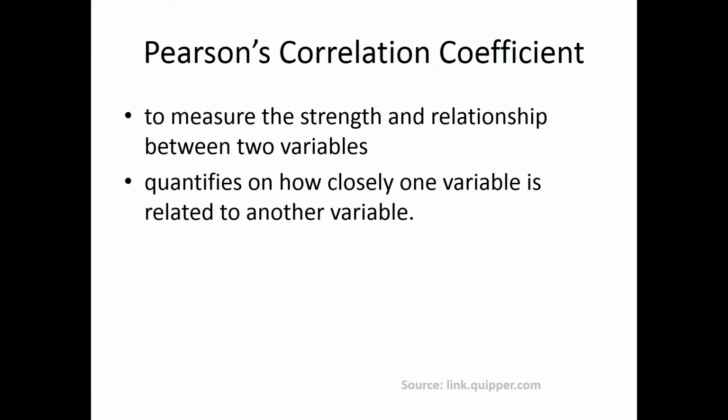Okay? And then another thing for you also to remember is that Pearson's correlation coefficient quantifies. Okay? So this is for quantitative research. That's why it only quantifies on how closely one variable is related to another variable.